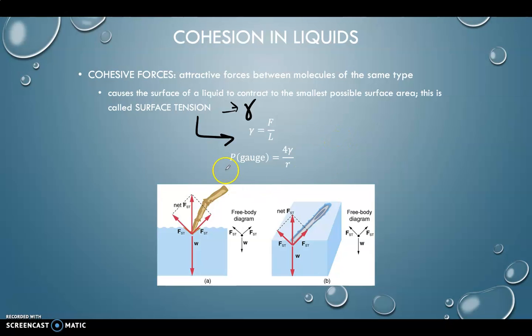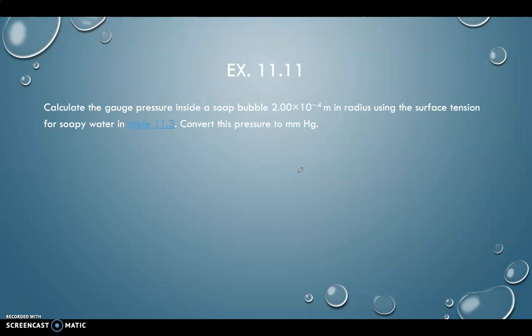The gauge pressure is equal to 4 times that gamma over some radius r. We'll use an example here. We want to calculate the gauge pressure inside a soap bubble with this radius using the surface tension of soapy water, and convert this pressure to mmHg. We'll do this starting in our next video.